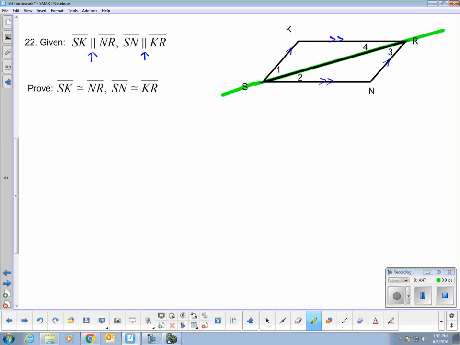Okay, so we have two pair of parallel lines cut by a transversal, and so what we have formed is angle 1 and angle 3 are alternate interior angles.